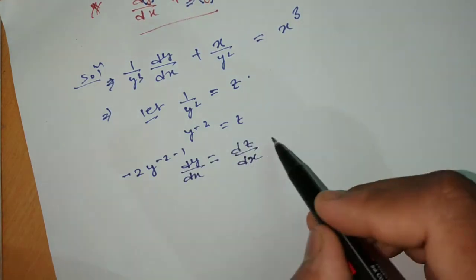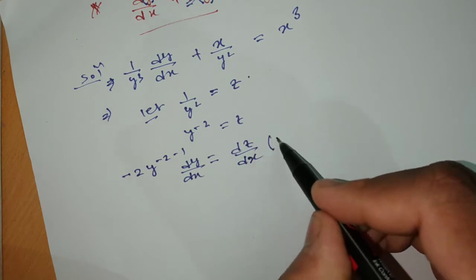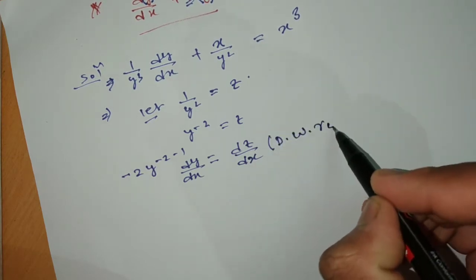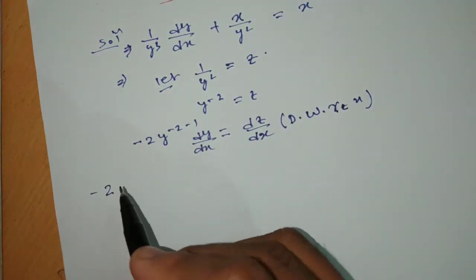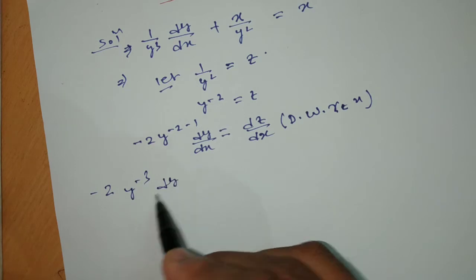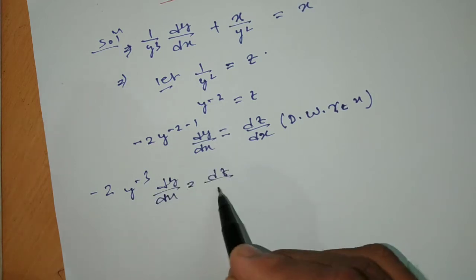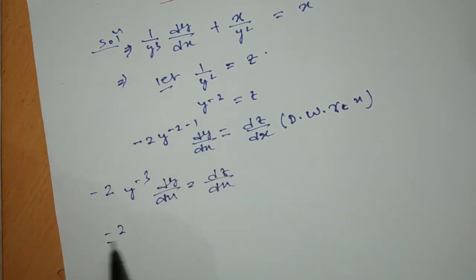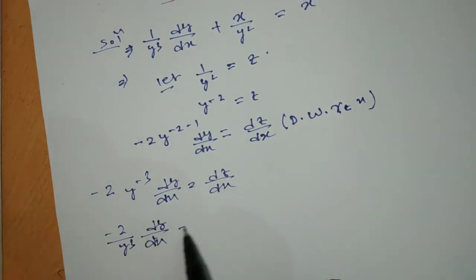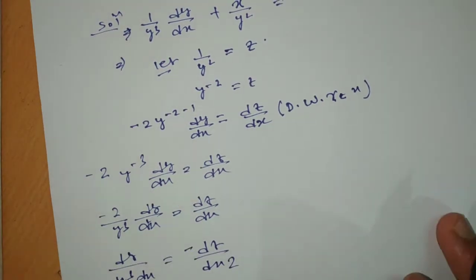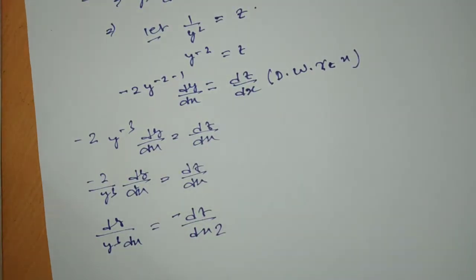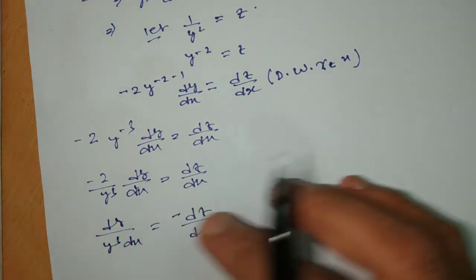That is minus 2 y to the power minus 3 dy upon dx equals dz upon dx, so minus 2 y cube dy dx equals dz dx. So 1 by y cube dy dx equals dz dx by minus 2, if you cross multiply it.